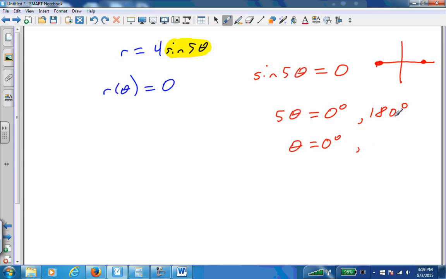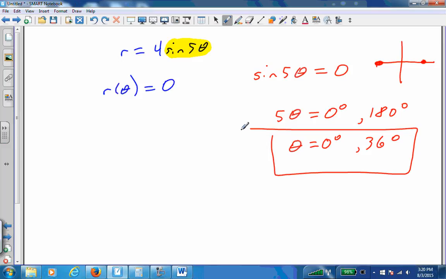If we divide 180 by 5, what do we get? 36. So those are two different polar tangent lines. If we go back to our graph, we are tangent to our curve at the pole at 0 degrees and 36 degrees.